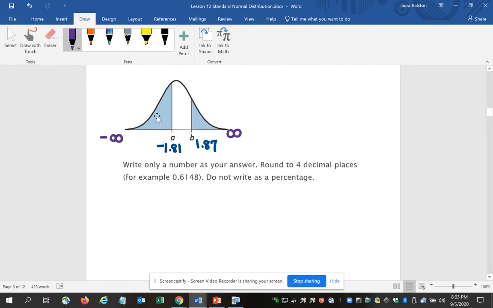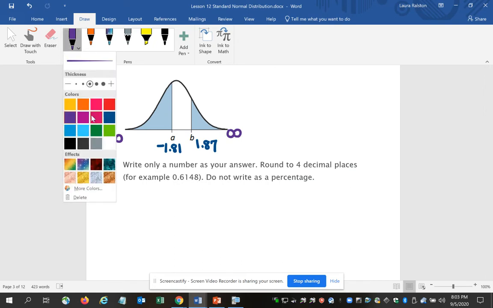I need to figure the area of the region on the left, and I need to find the area on the right, and then I'm going to add them together because I have two different regions and I want the answer to include both of them. So here's what I would type.